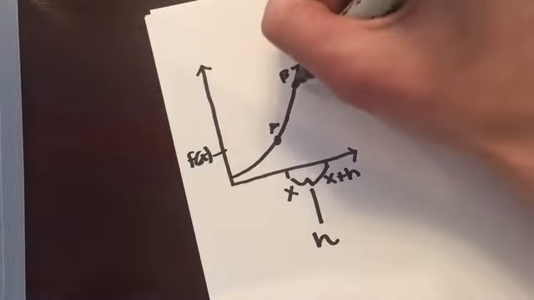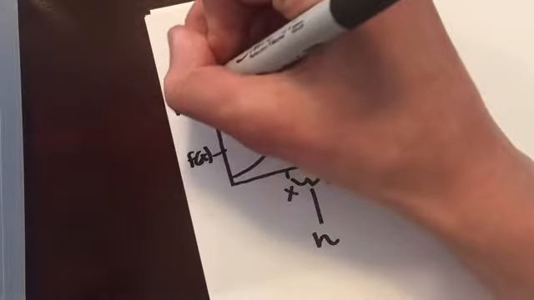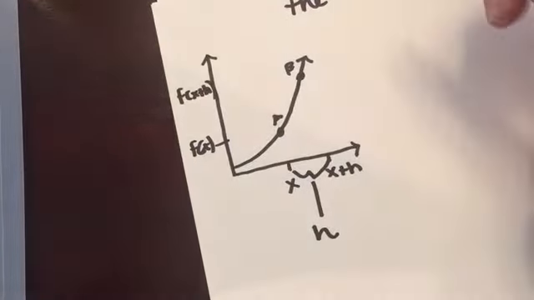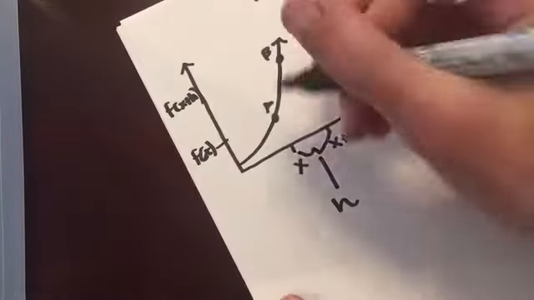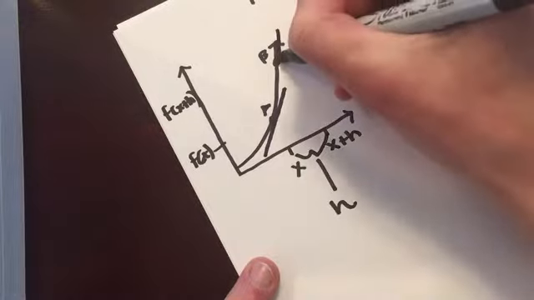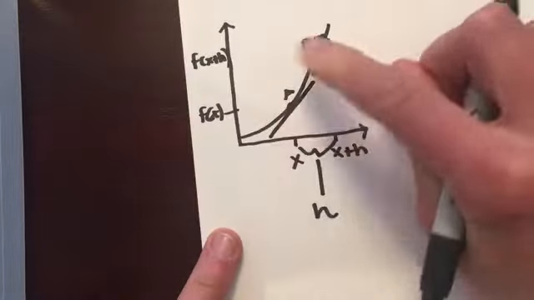And then right across here is f of x plus h. So when we find the derivative, it's the slope at point A, this, or the slope at point B, this. They're different because it's a curve.